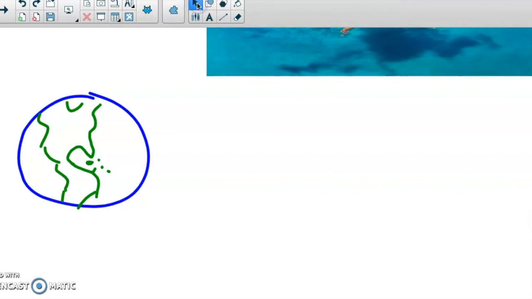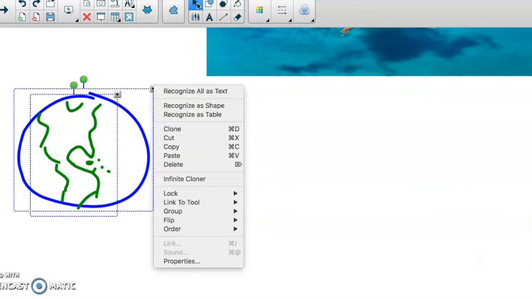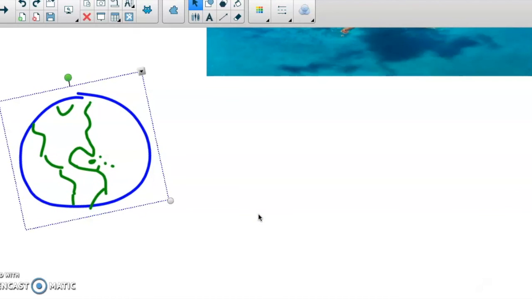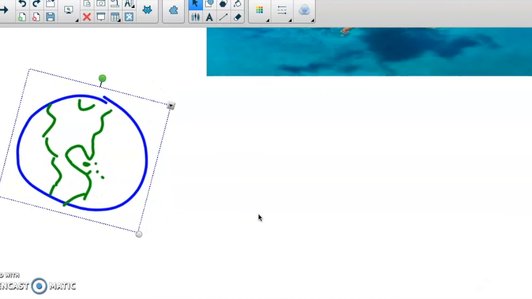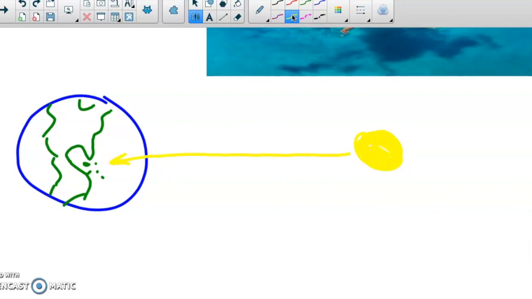And now I'm going to give it a bit of a tilt, because it should be more tilted than this. Let's go that way. Okay. And now I'm going to draw a sun, obviously not to scale. And here it is. And we're going to draw some sunlight rays coming off of the sun.